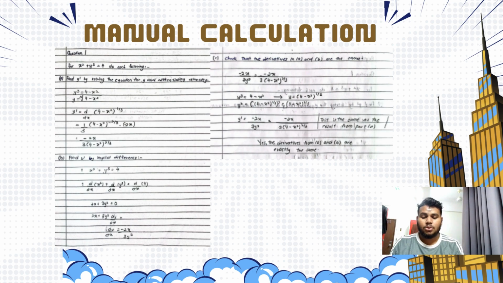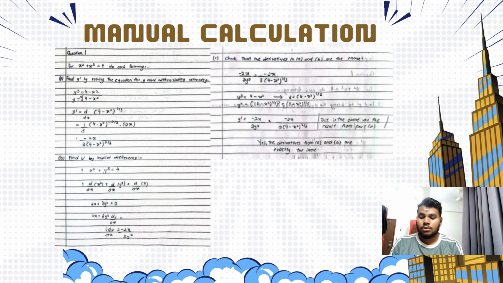So basically y cubed equals 4 minus x squared. That means y equals (4 minus x squared) to the power of 1 over 3. So we just convert this into our B part answer.